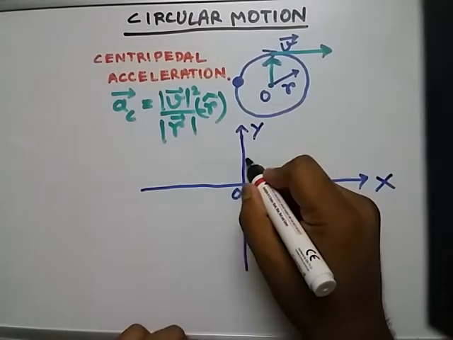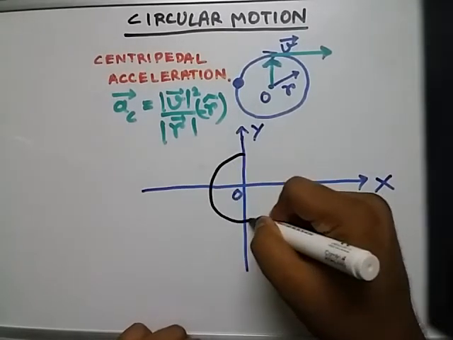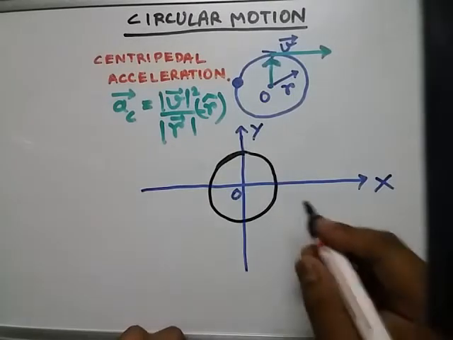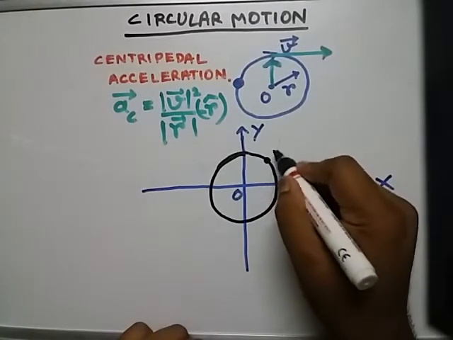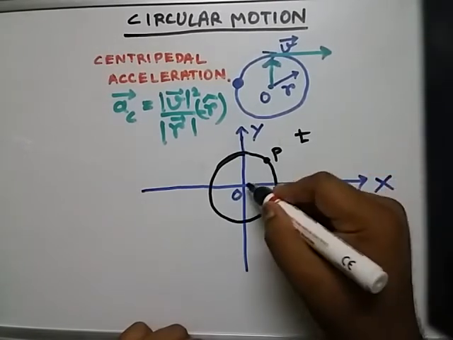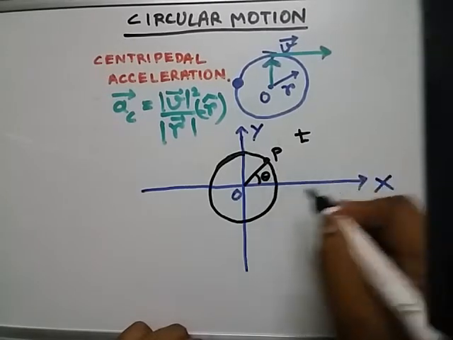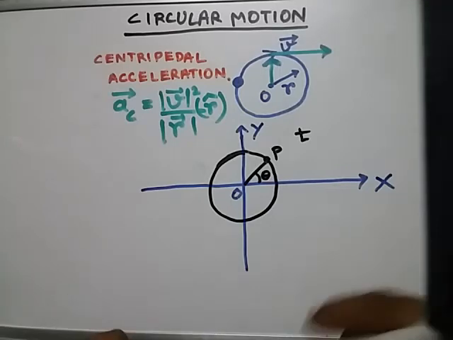And this is the path of the particle following uniform circular motion. Now suppose the particle is at this point P at a certain instant of time t, and it is making an angle of theta with respect to the x-axis. Then what can be the coordinates of the particle in the Cartesian plane?